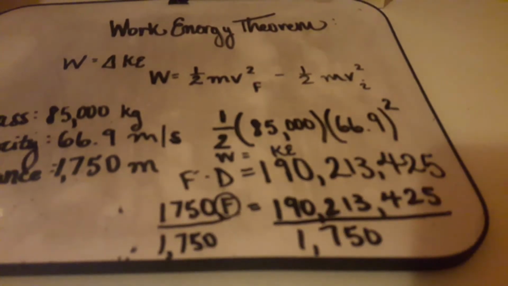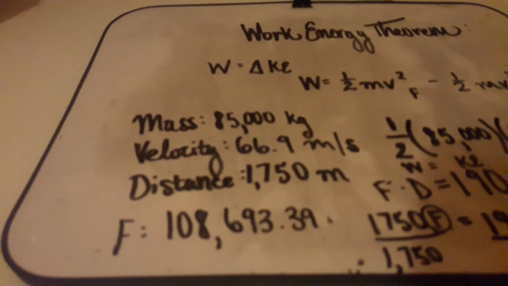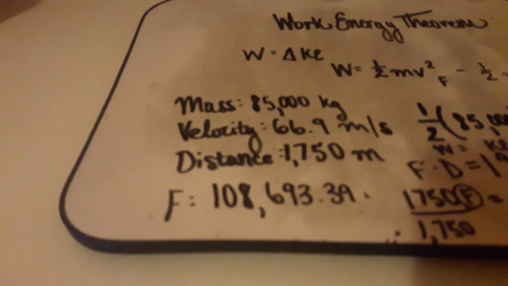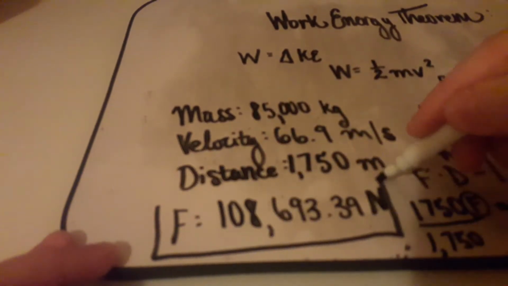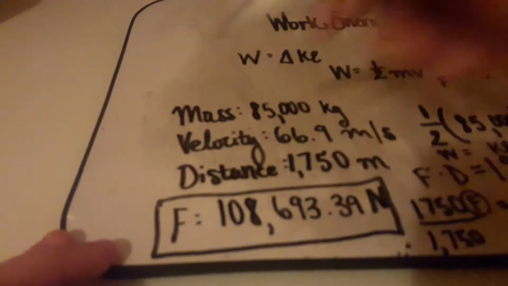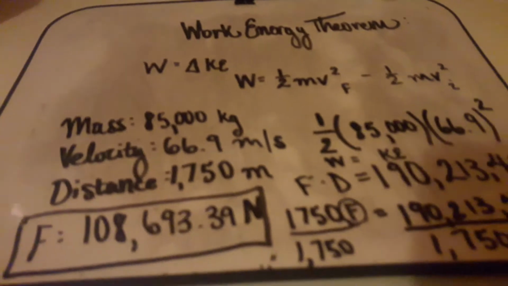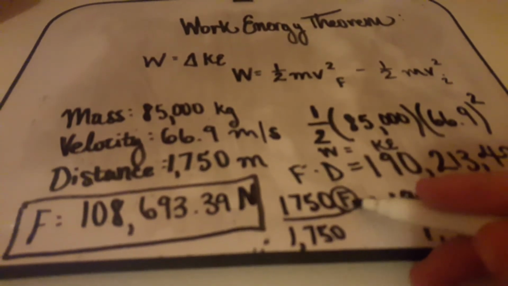Now the answer to that is going to be this lovely number right here. And remember to always label it newtons for force. And that is going to be the answer for this problem, because it fulfills this variable right here.